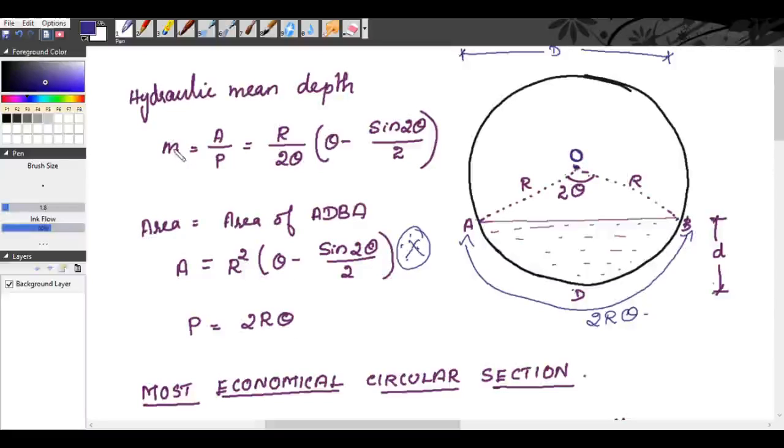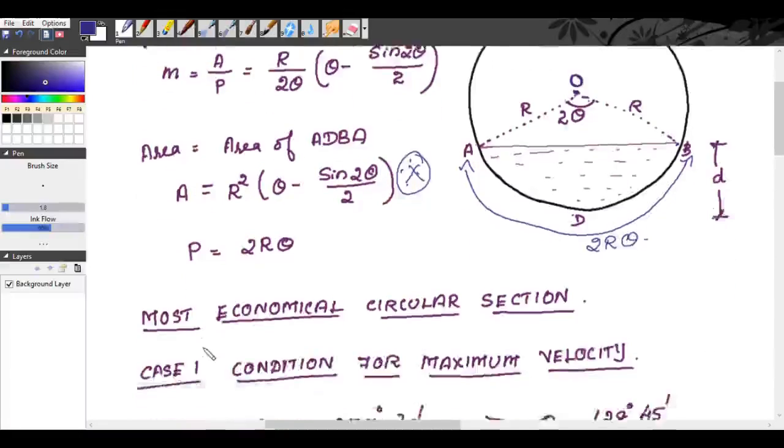So, substituting you get M is equal to A by P, that is R by 2 theta into theta minus sine 2 theta by 2. You should remember these things. So, you remember this area and wetted perimeter, you can easily find the hydraulic mean depth. This is for the circular cross sections.